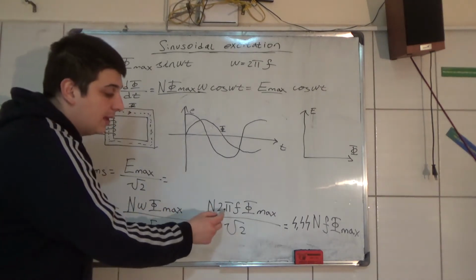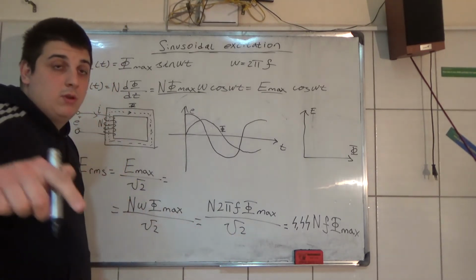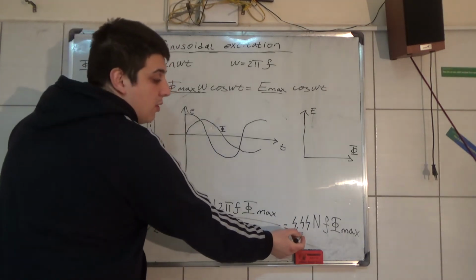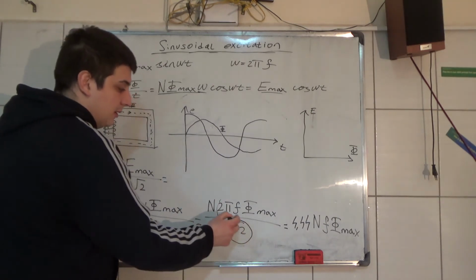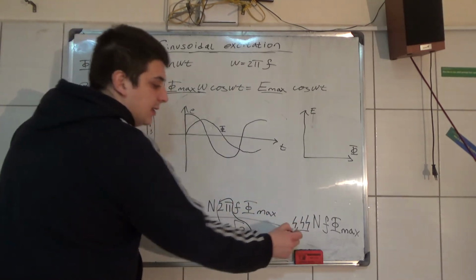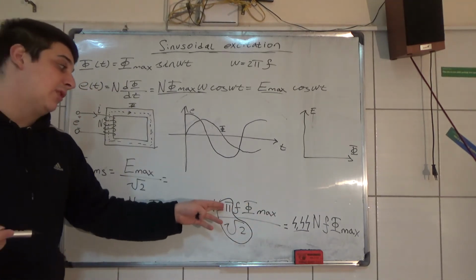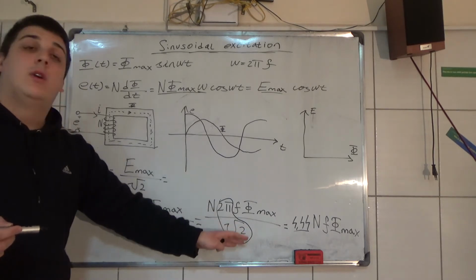And now 2 pi divided by the square root of 2, you can measure this on your calculator, is equal to 4.44. So this is the value when you first multiply 2 with pi and divide it by the square root of 2.